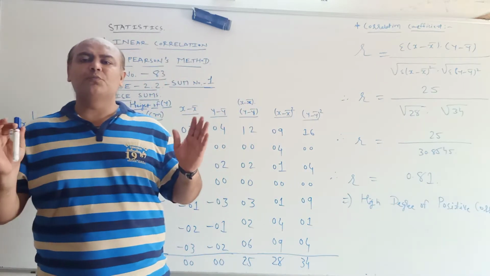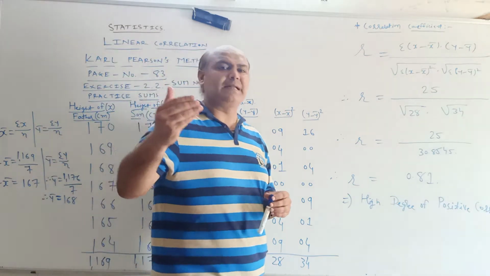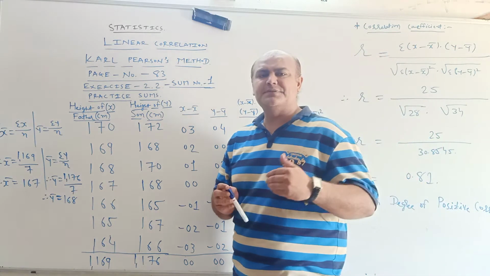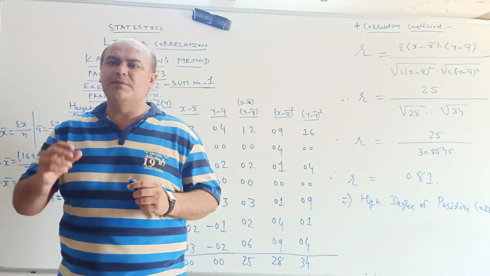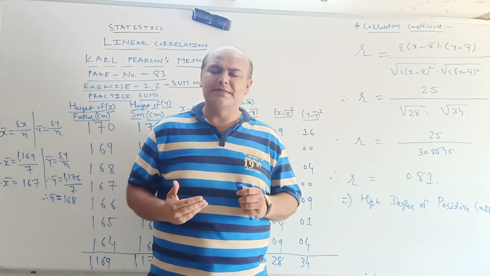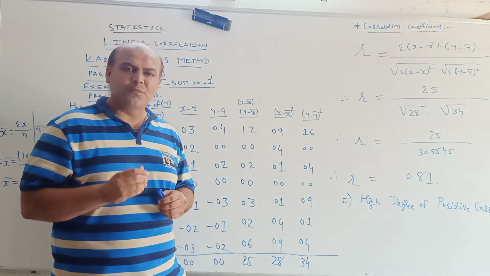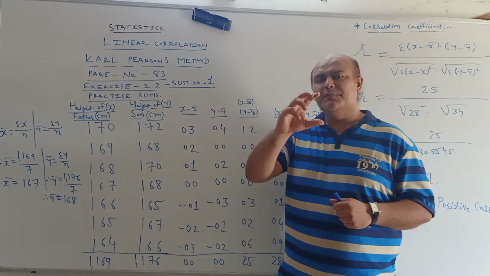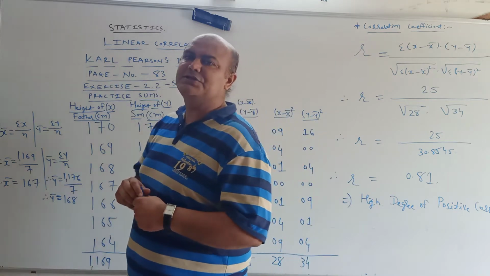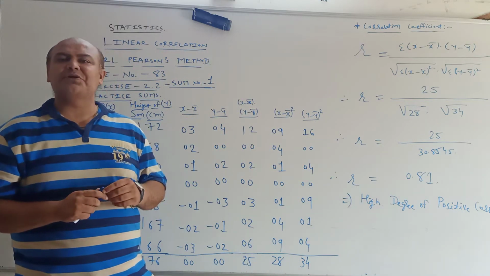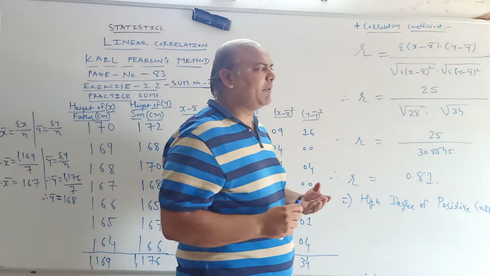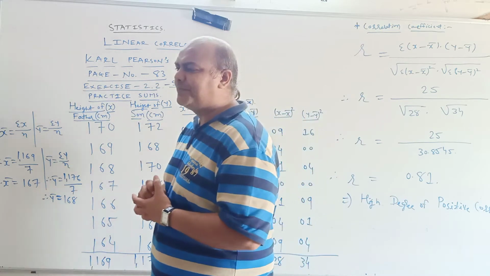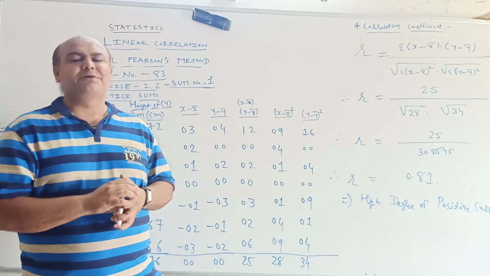When the digits are very big, 5,000, 10,000, 12,000, such big digits are there, or sometimes they give the question in points like 0.8000, 0.7500, 0.6500, and x bar and y bar are also given in fraction, not in integer mode, then students, we have to apply the UV method. Another name of that UV method is the shortcut method also.